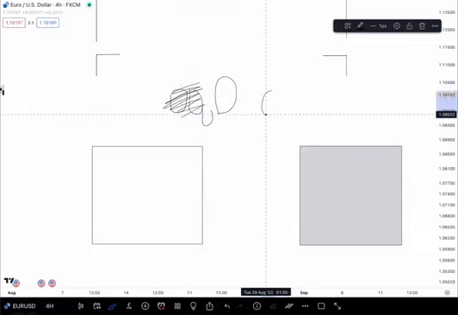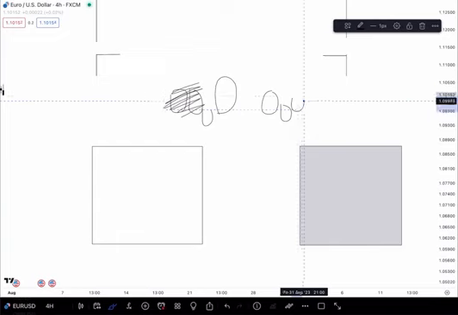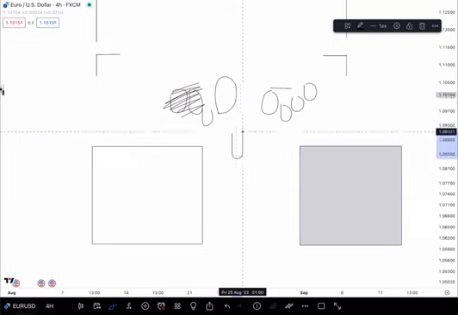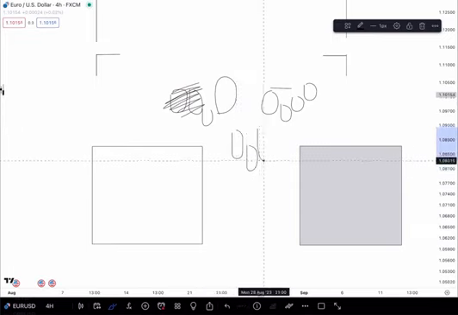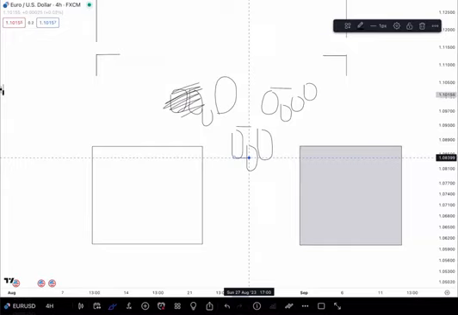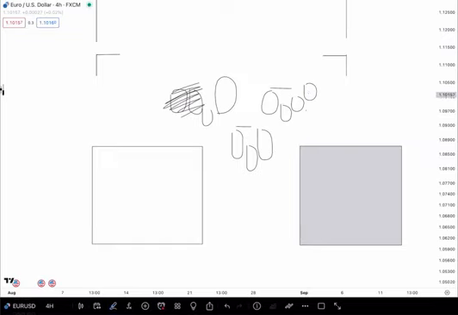Or you can also say accumulation, manipulation, distribution in two. So realistically, what you're looking for is three higher time frame candles to trade. And I will delve into that a bit deeper. But for now, let's focus on the aspect of the open, the high, the low, and the close.